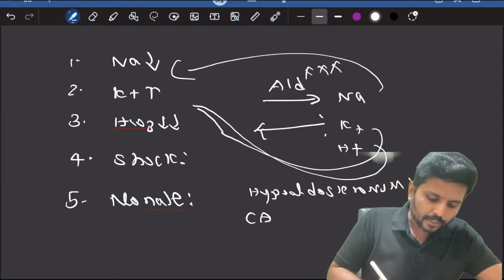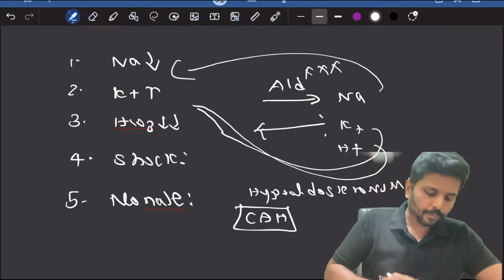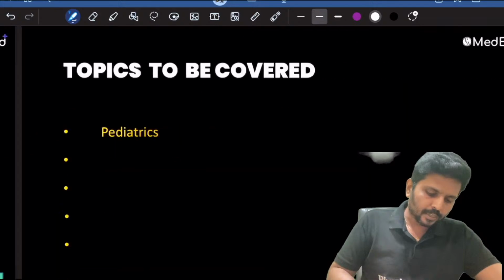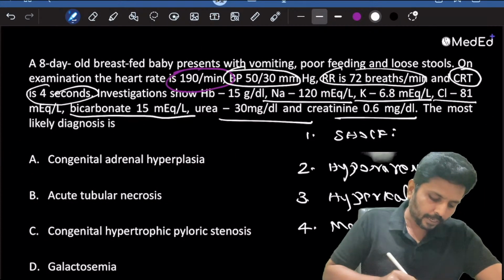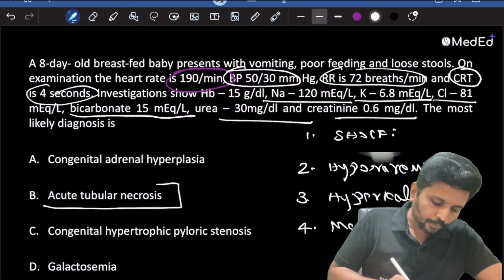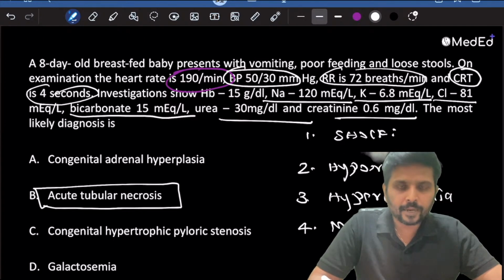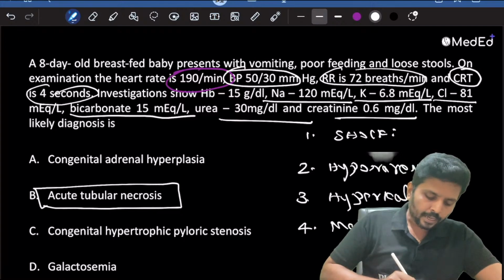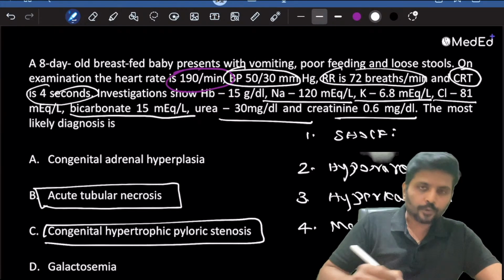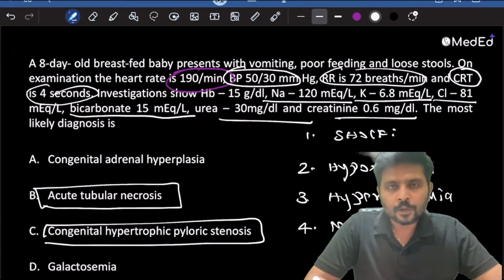One condition is called congenital adrenal hyperplasia. In case of acute tubular necrosis, your urea will be high, creatinine will be high, so this is unlikely to be acute tubular necrosis. In case of congenital hypertrophic pyloric stenosis, what will happen?